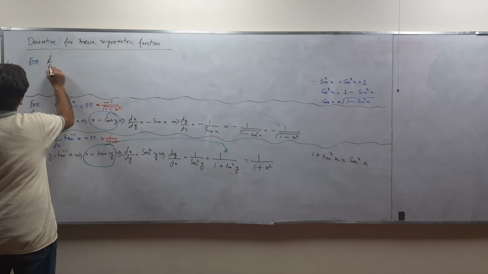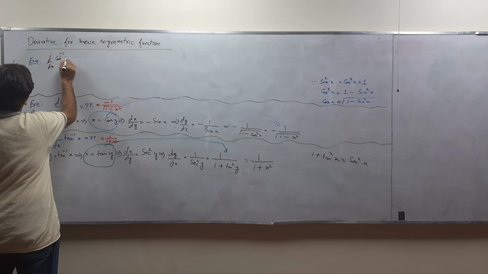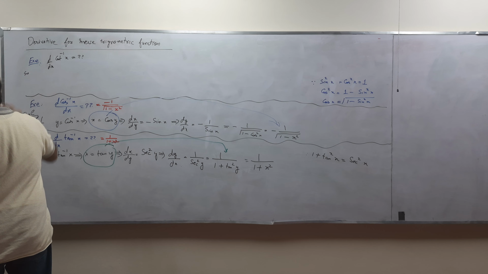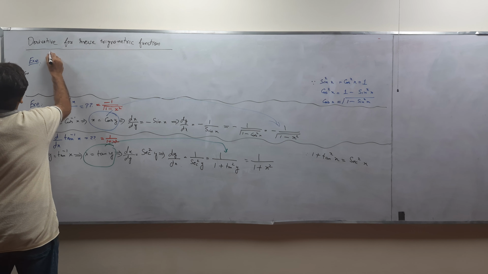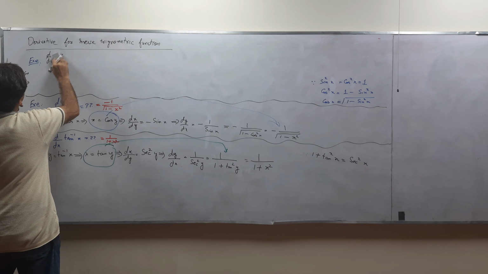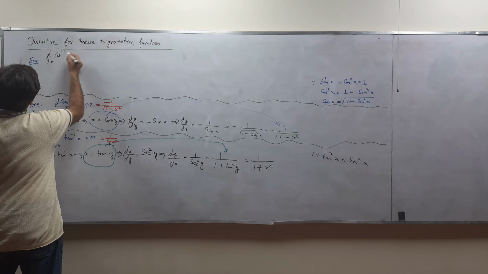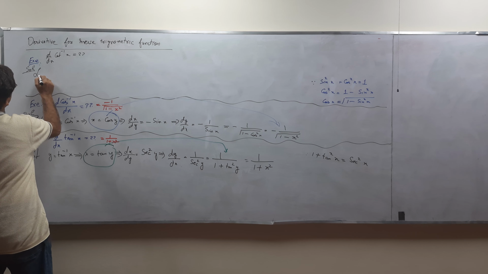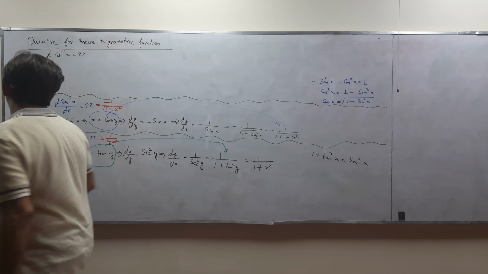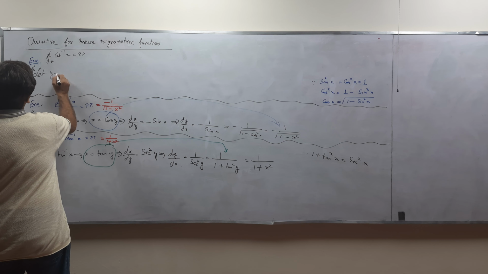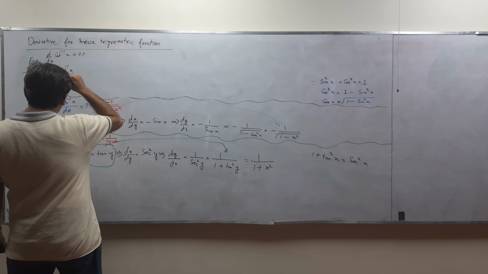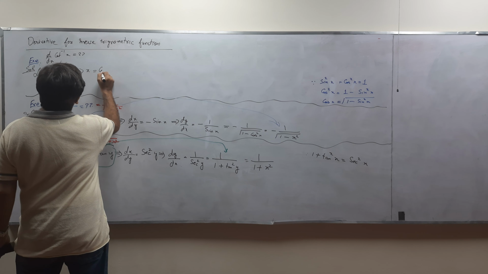Now d by dx of cot inverse of x. The same way, let y equal to cot inverse of x, and this implies that x equal to cot of y.